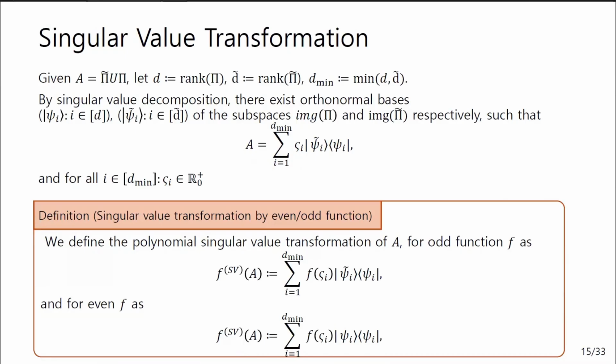For an odd function f, f(A) would be the sum of sigma, f of the singular value, ket psi i tilde, and bra psi i. And for an even polynomial f, f(A) can be defined as the sum of sigma, f of the singular value, ket psi i, and bra psi i. The difference between the odd function and the even function is the ket vector has a tilde, and there is no tilde.